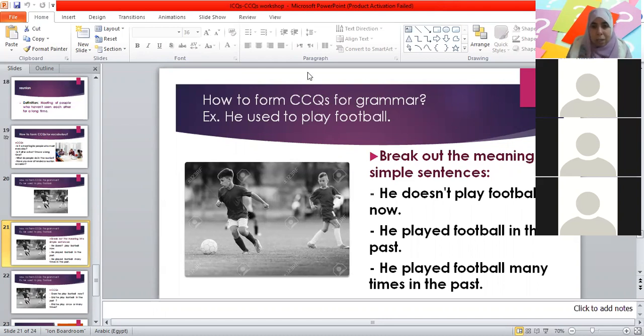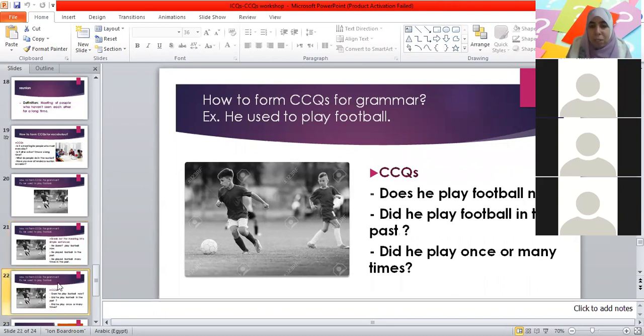So while explaining the structure in simple sentences, the students got the meaning, okay? And now it's the time for asking CCQs, okay? So here we have some suggestions. So try to answer these questions. Does he play football now?